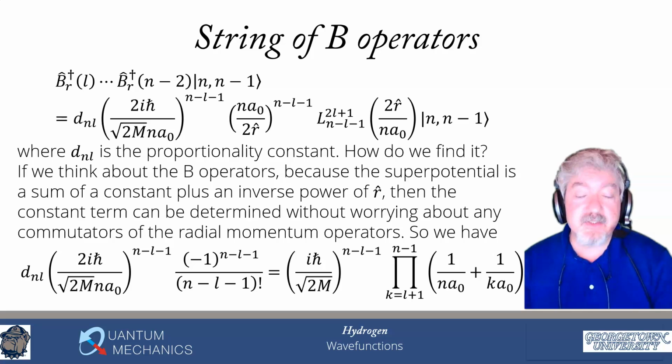That term actually never involves any commutator with a p hat r, because when the p hat r acts as a commutator with a 1 over r hat, it always gives a higher power of 1 over r hat. So that means we can just directly calculate the constant term, or the highest order term in the polynomial, just by looking at the constant terms in the b hat daggers.